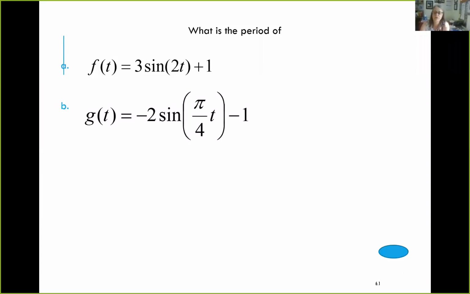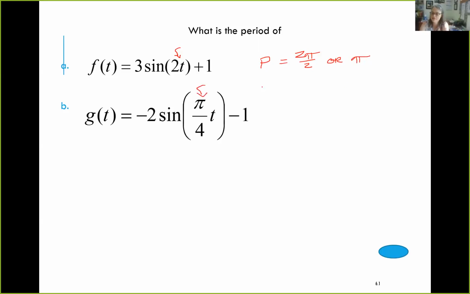Okay, so what is the period of this first function? F of t equals 3 sine 2t plus 1. All we care about is the period. The period comes from the internal multiplier, and the period is 2 pi over 2, or just pi.